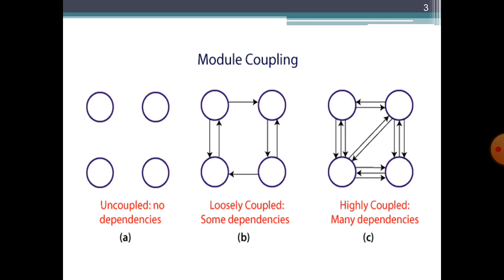A good design should have no dependencies, but in most cases it is not possible to achieve zero coupling. There can be dependencies, so your design must be loosely coupled, with only some dependencies up to some extent. It should not have many dependencies or be highly coupled, because a highly coupled system ultimately leads to a bad design.